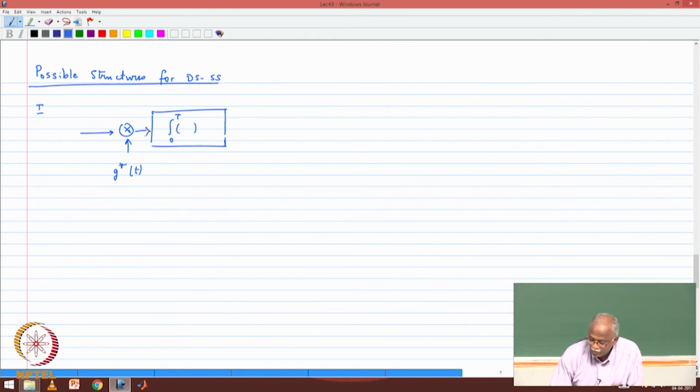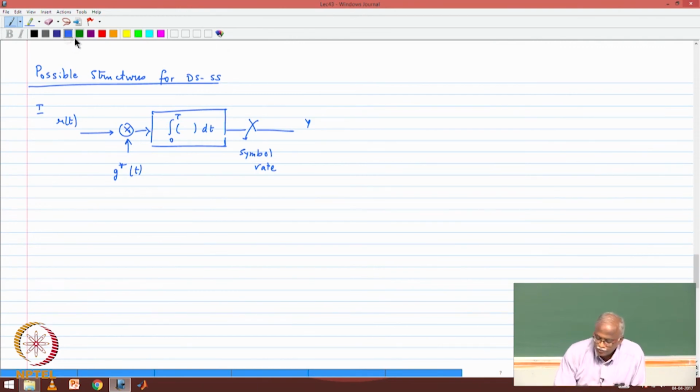Whatever is the output of this multiplication, you integrate it over one symbol period, and then once per symbol duration, that is at the symbol rate, you sample, and that will be your decision statistic Y. This is the structure that we have just now implemented, the matched filter based approach.